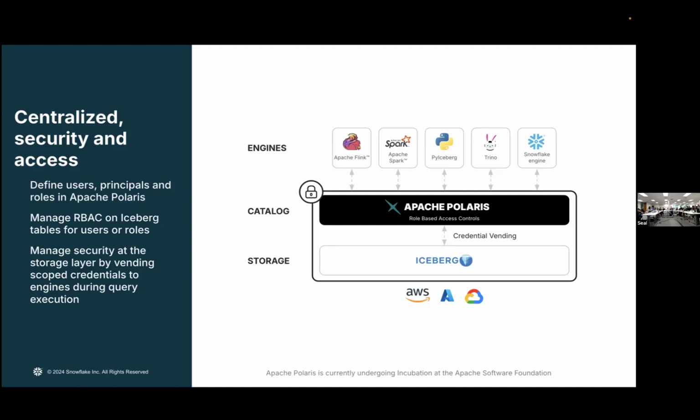And before credential vending, if you ever talked to an Iceberg table with your engine, you had to set two sets of credentials. One is for the catalog, and another is for the storage, like S3 AWS credentials, or other credentials like Azure or GCP credentials. With credential vending within the catalogs, we combine these together so that you only need one place to set up all the access control on these tables and views.